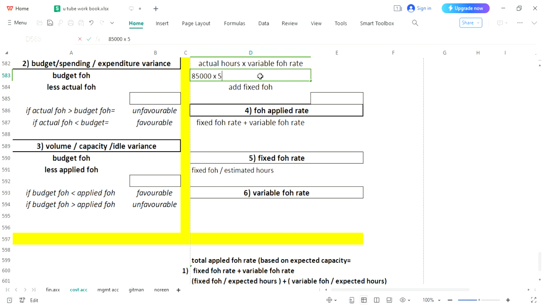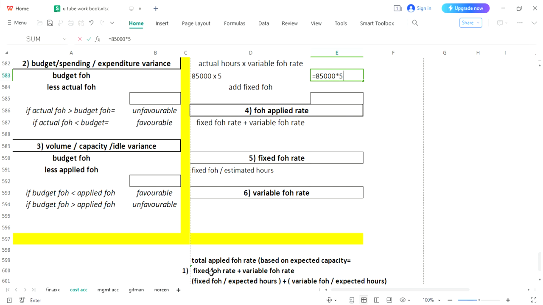So actual hours given in the question 85,000, variable FH rate 5 we have calculated. Statement is completed. Now we can calculate 85,000 and it would be multiplied by 5.